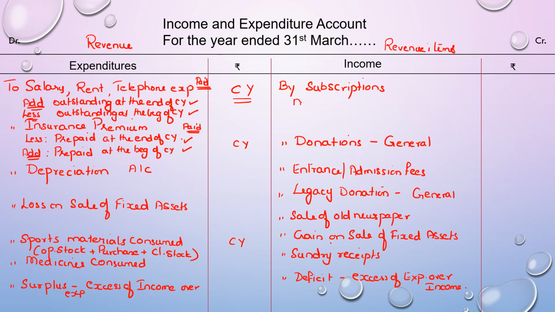So we would add to whatever has been received the outstanding subscription at the end of the year, because it is the current year's income. But whatever was outstanding at the beginning would be subtracted, because it was the income of the previous year.